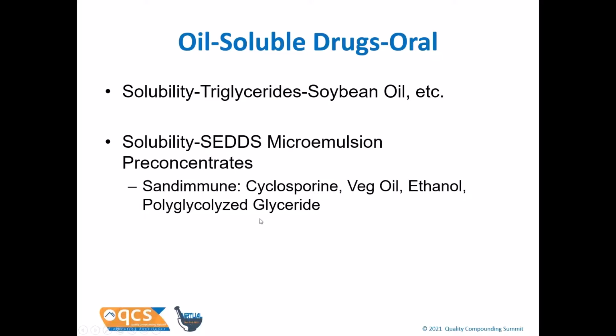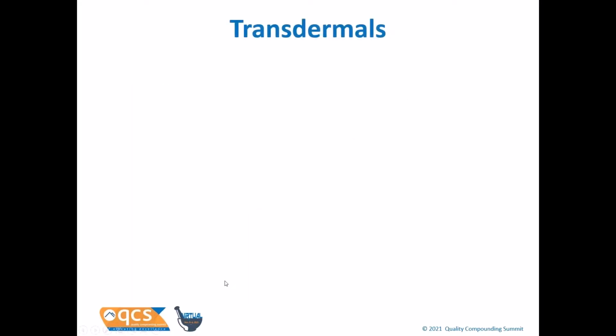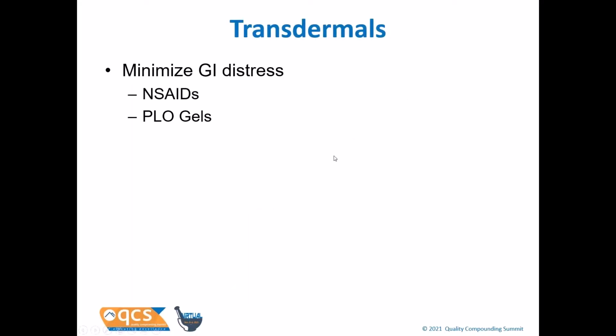But they form a microemulsion, and when that is taken orally, the aqueous contents of the stomach mixed with it automatically form an emulsion, which is quite bioavailable, and it helps to protect the drug, etc. And Cremophor RH40 is widely used, as well as Labrafil, and these are often used with propylene glycol as the co-solvent.